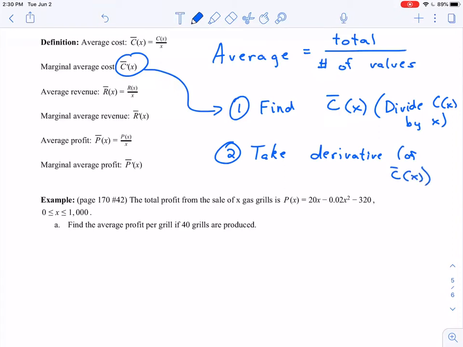You cannot switch the order of these two things. I can't take the derivative of my cost function first and then divide by x. I will get the wrong answer. So it's really important that we start by dividing our cost function by x, find that C bar of x, and then you take the derivative. Those two things we have to do in order.